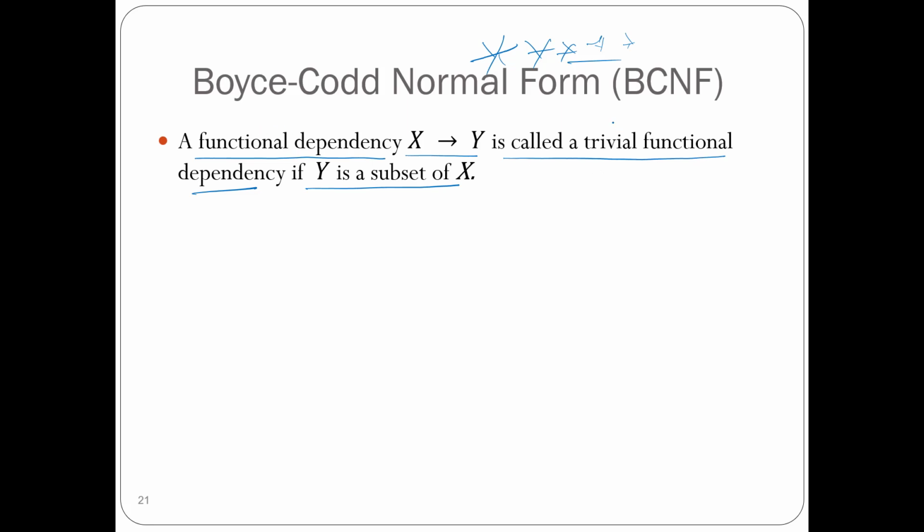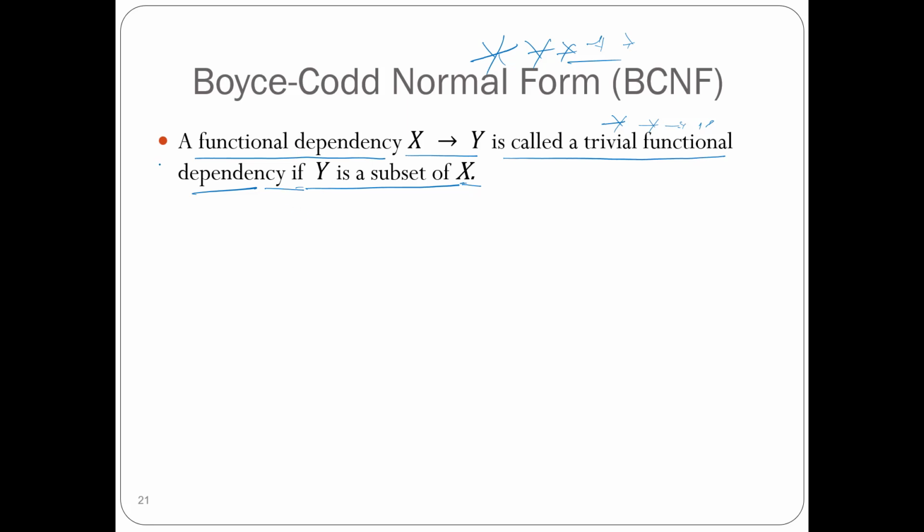So the concept of trivial functional dependency could be important as well. And initially you will find it confusing, like, yeah, it's not making sense, right? But yeah, theoretically it makes sense, okay? So make sure that you understand the definition of trivial functional dependency. Because the BCNF has non-trivial functional dependency in its definition.